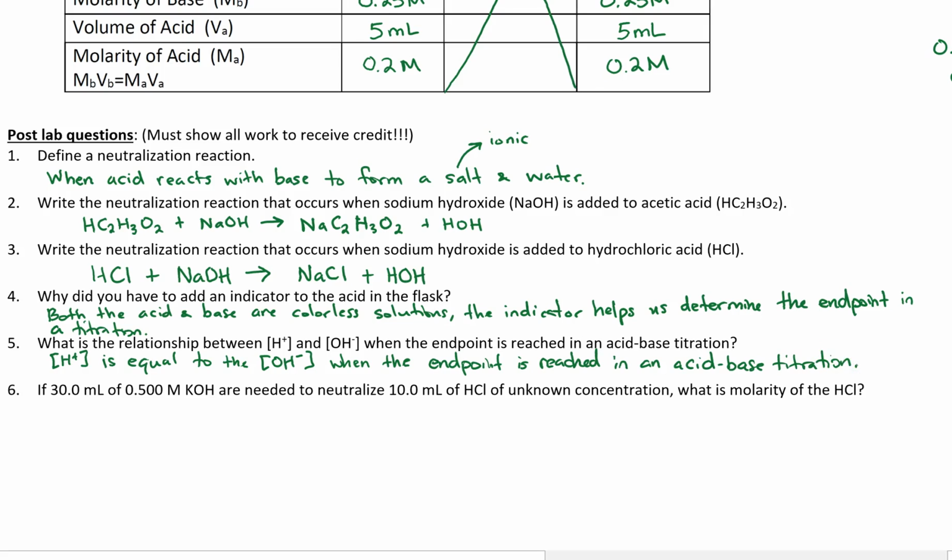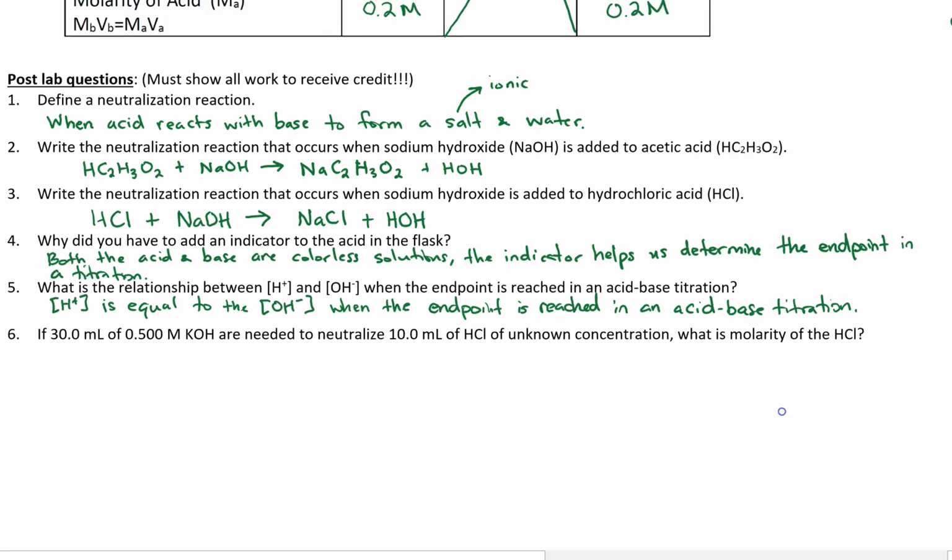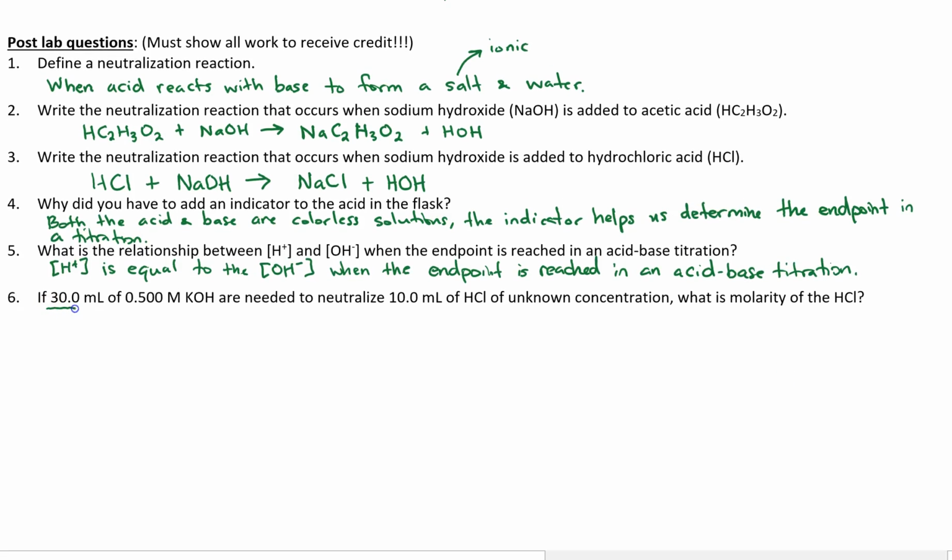So number 6, we're going to use the GUESS method in order to solve this problem. So the GUESS method, I'm going to underline my values here. This is the base, so Mb, Vb.